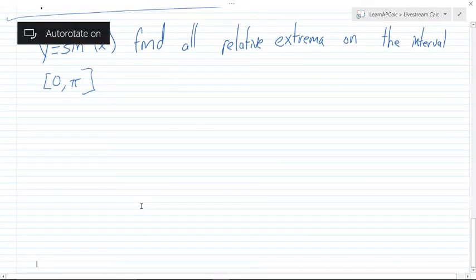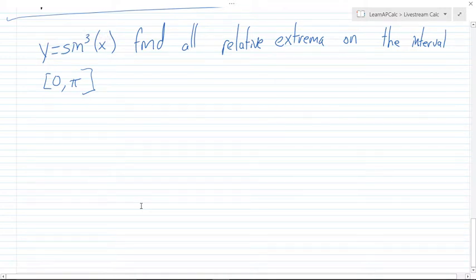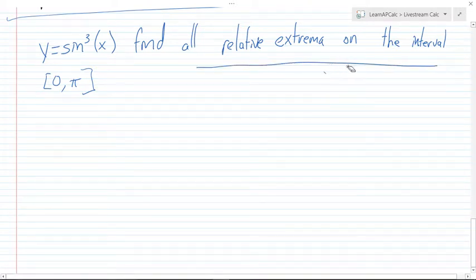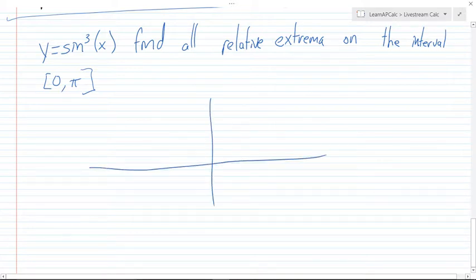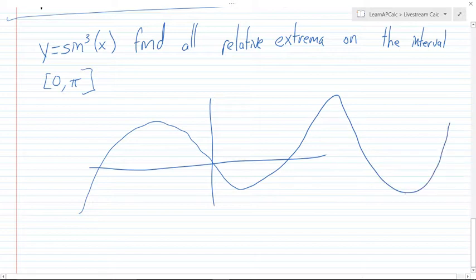So this is not to be confused with an absolute max or min. This is asking for relative extrema on this interval, and you would see this with sine and cosine because sine has an infinite amount of max and min.